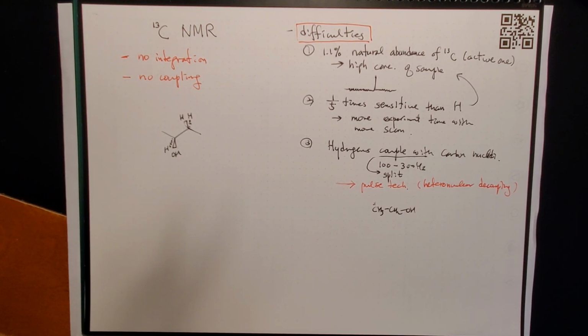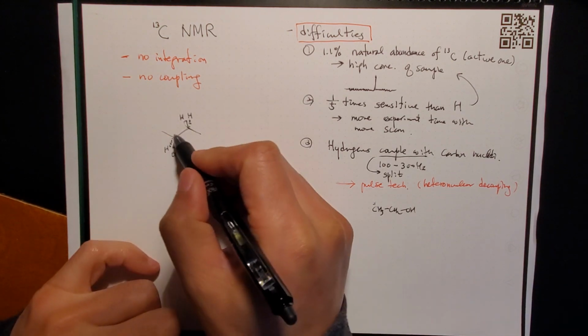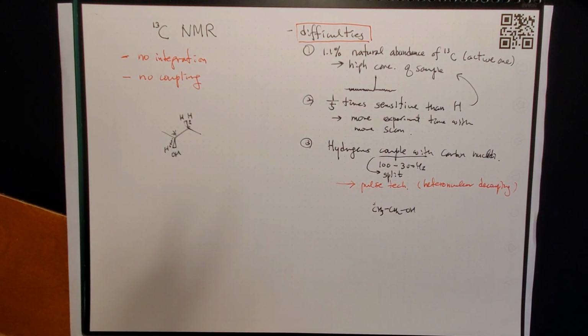Also for H NMR, when you have a chiral center, you have to worry about enantiomers or diastereomers giving different types of signals.